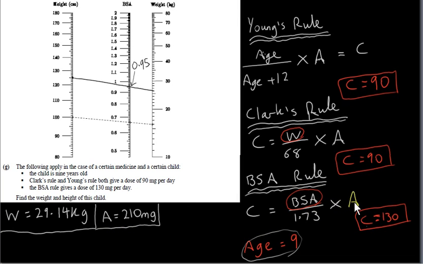A, the adult dose we found, was 210. So we plug those numbers in. So we have C, which is 130, equals the BSA divided by 1.73, and this is multiplied by 210. So we can calculate the BSA. Well, we just multiply 130 by 1.73 and divide by 210.